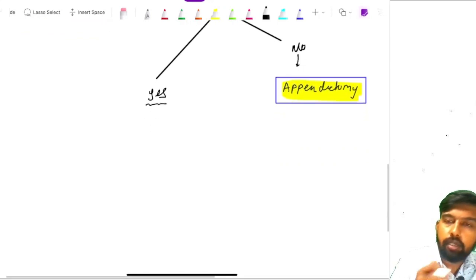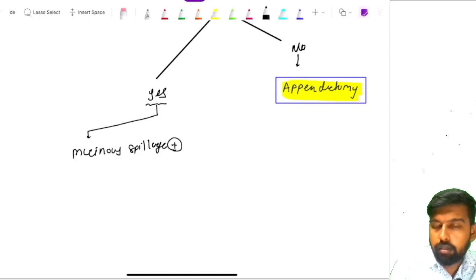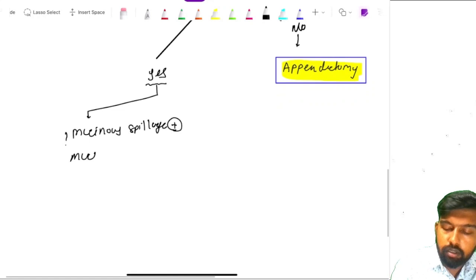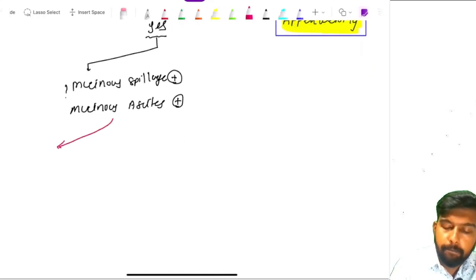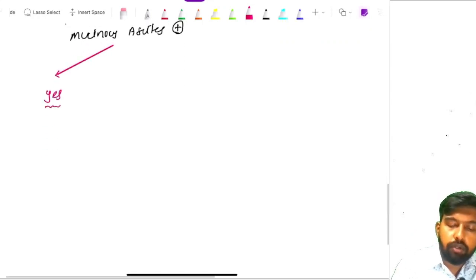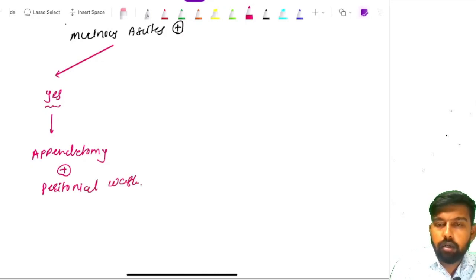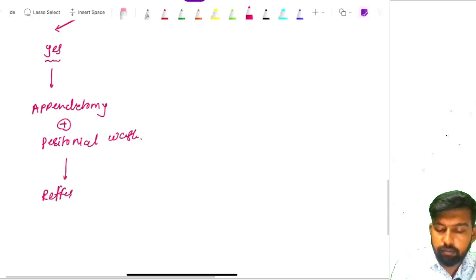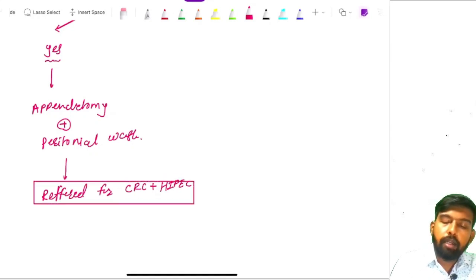we should know the characteristic of the spillage. If mucinous spillage is present, or mucinous ascites is present, if this is positive, then we should go for appendectomy plus peritoneal lavage, and the patient should be referred for cytoreduction surgery plus HIPEC, because there is a possibility of pseudomyxoma peritonei.